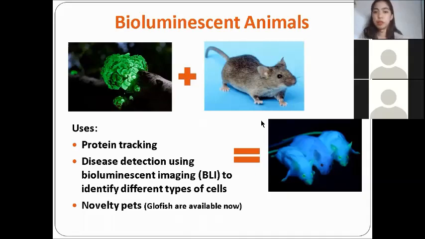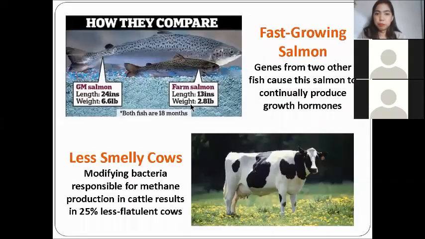The next one is the fast-growing salmon. Genes from two other fish cause the salmon to continually produce growth hormones. For example, both fish are 18 months old. So what is the difference between the farm salmon and the GM salmon, or the genetically modified salmon?